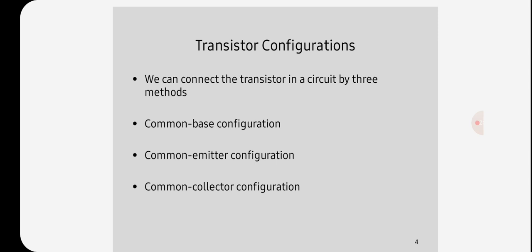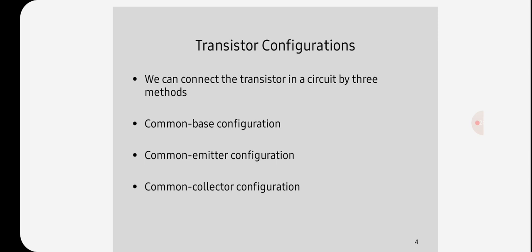This difficulty is overcome by making one terminal of the transistor common to both input and output terminals. The input is fed between this common terminal and one of the other two terminals. The output is obtained between the common terminal and the remaining terminal.